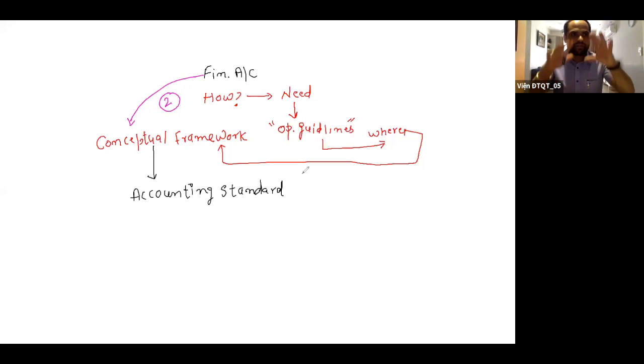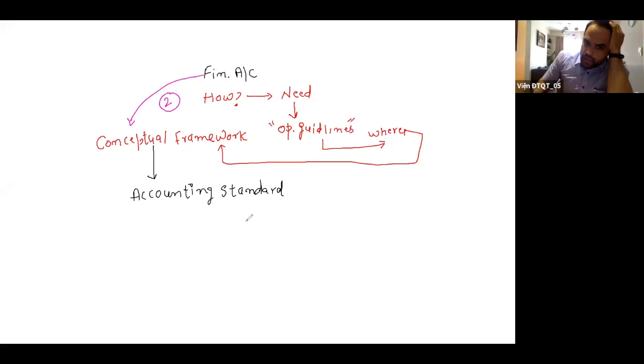In simple words, we have to follow these rules and regulations, right? These principles when we will prepare financial statement. That's called accounting standard. Remember, when we are preparing financial statement, we have to follow accounting standards. It's a law, right? It's a law. It's a government law. Different countries have a different law. We will come to this point later.